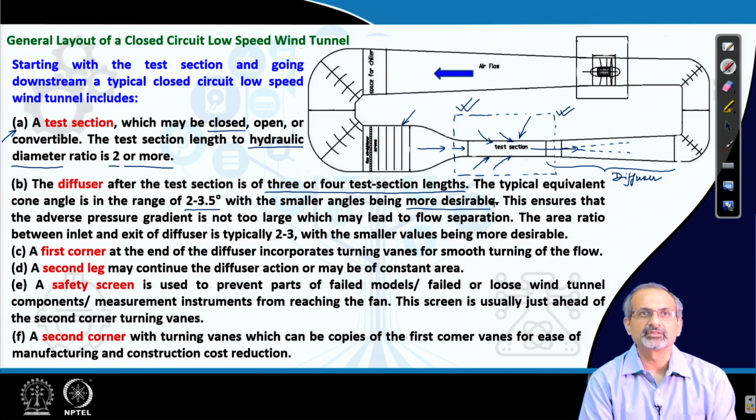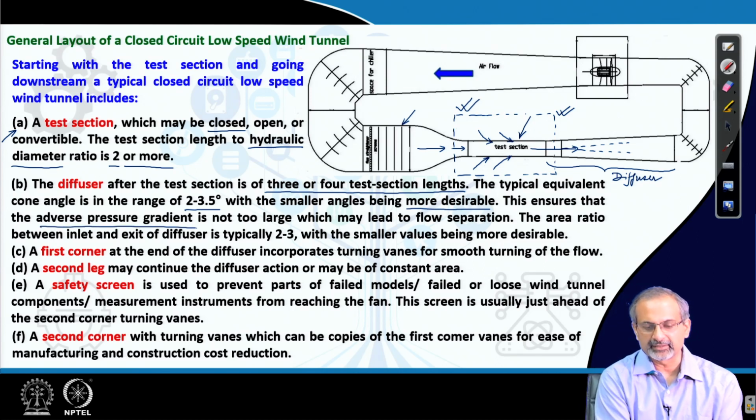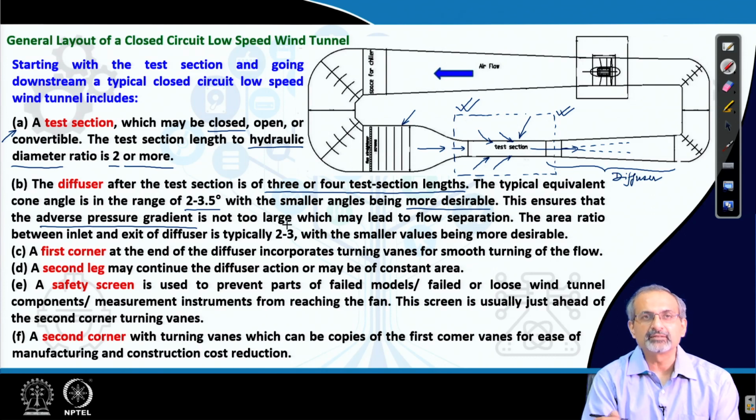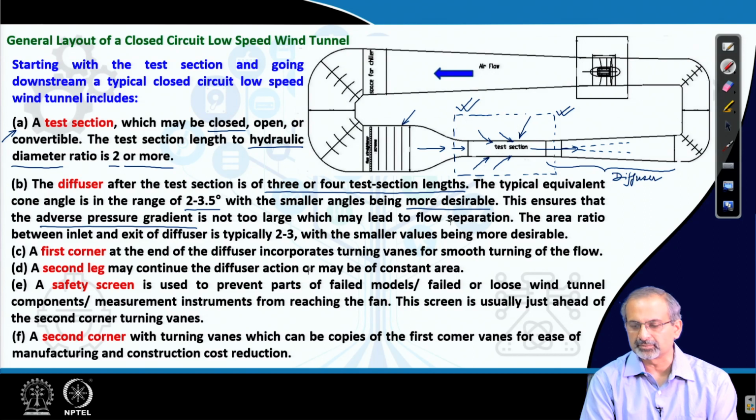Because this ensures that the adverse pressure gradient which builds up in the diffuser, because the flow is slowing down and the static pressure is growing, is kept low. It becomes more challenging for the boundary layer part of the flow to remain attached. So, here you need to keep the adverse pressure gradient at least not too large, which can induce flow separation. So, you have to be very, very careful about preventing flow separation.